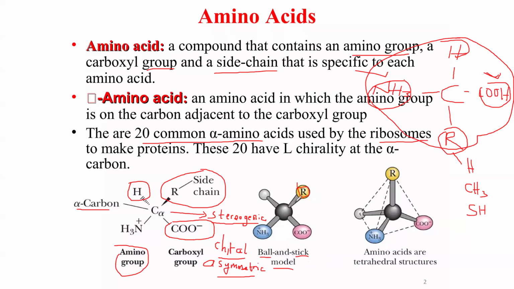This is a ball, and this is the stick, so we call it the ball and stick model. And then we also have the structure of the amino acid, how it looks like. It is tetrahedral in shape. It has a tetrahedral structure. That is the shape of the amino acid.